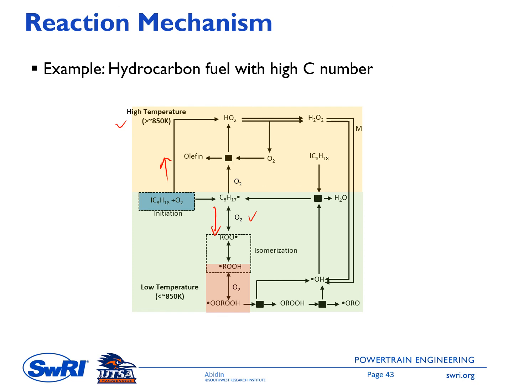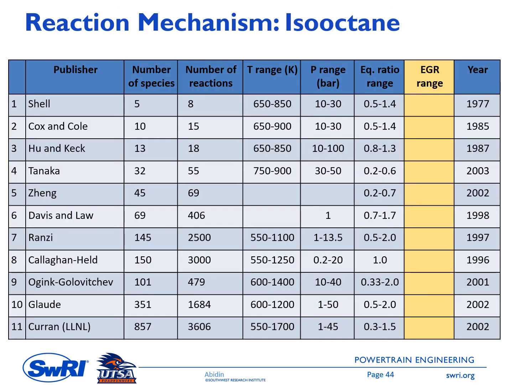And this one is just showing the block of initiation reactions, and we have other blocks for the high temperature reactions and so on. There is one subject that deals with this reaction mechanism, and usually it is offered at the master's and PhD degree levels. And this is an example of the reaction mechanism for isooctane published by several authors.